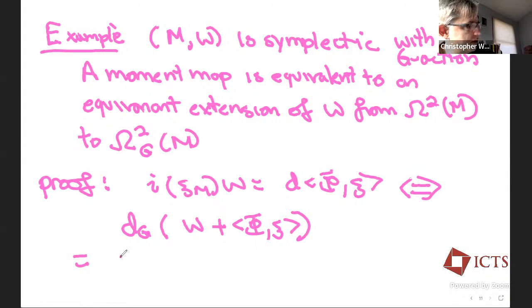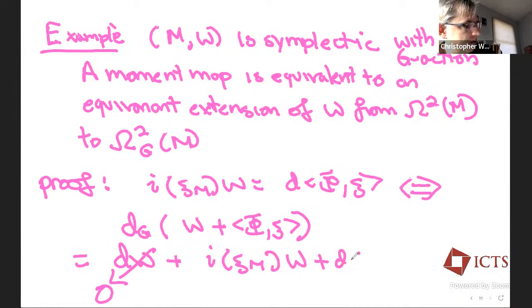Well, the first term is d omega. That's automatically 0. And then I have terms which look like i_{c_M} omega plus d phi^c. But I put a minus sign here in my convention, so that the vanishing of these middle terms will be equivalent to this moment map condition.